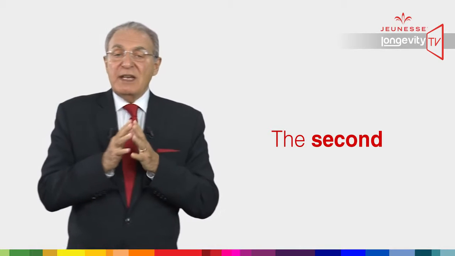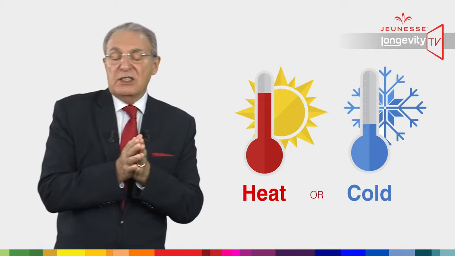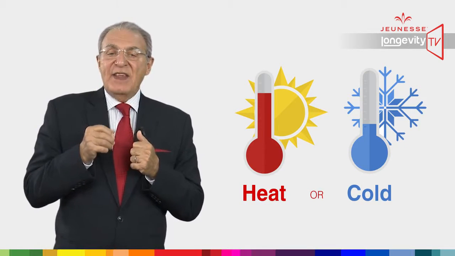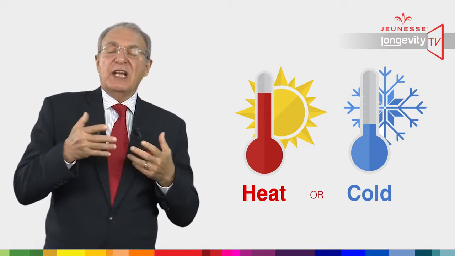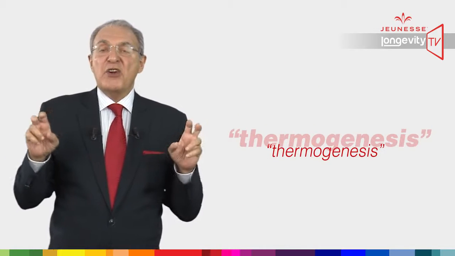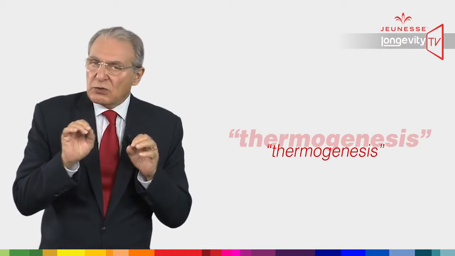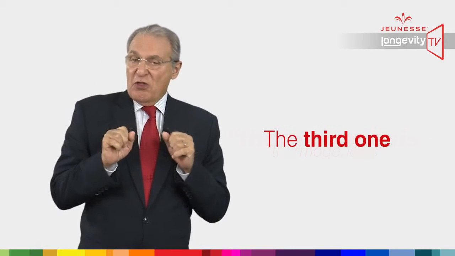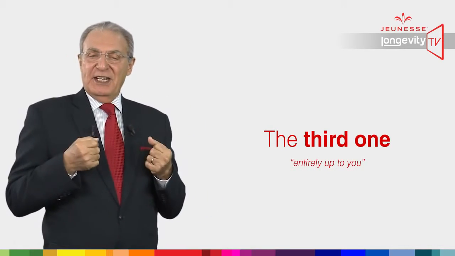The second spending is the necessary energy to fight against heat or cold. This depends on the environment and the way that you are protected against heat or cold. It is called thermogenesis. And again, you have little control over that. The third one is the energy required to move your body, and that is entirely up to you.